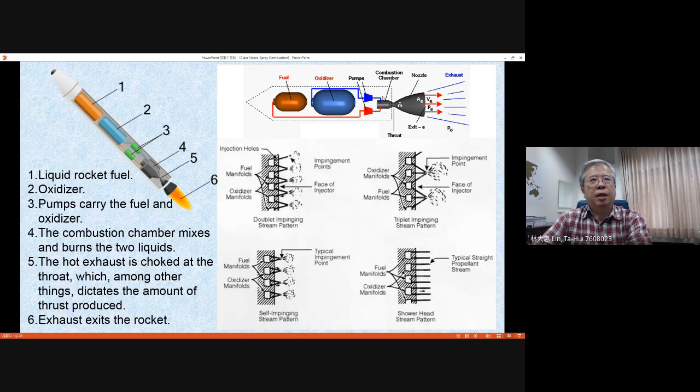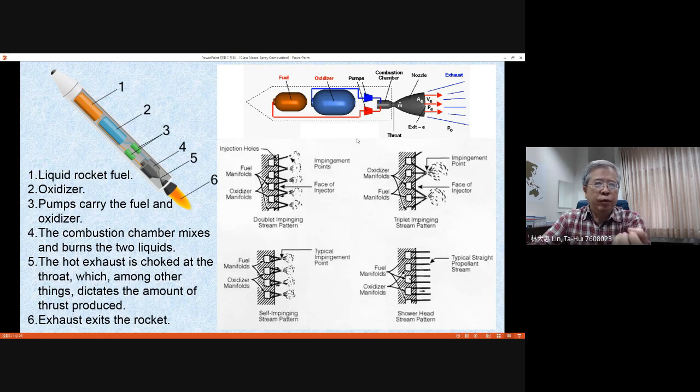Actually, the atomization has a certain design, and I will explain several different kinds of design later with different figures. Then they will finish the spray combustion in this region, and later produce the hot gas and exhaust out. Basically, as I mentioned earlier from the lecture notes, for the liquid rocket engine, the spray atomization tries to produce well atomized and mixed propellants even while they are still in the droplet situation.